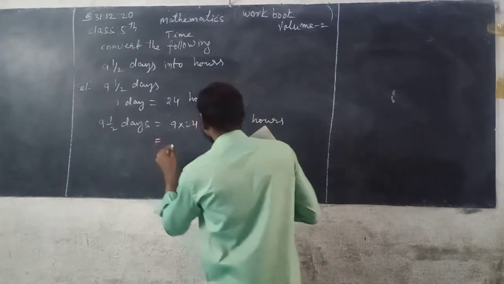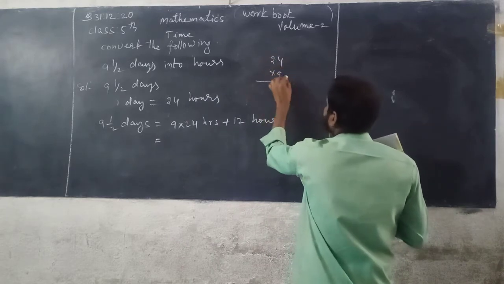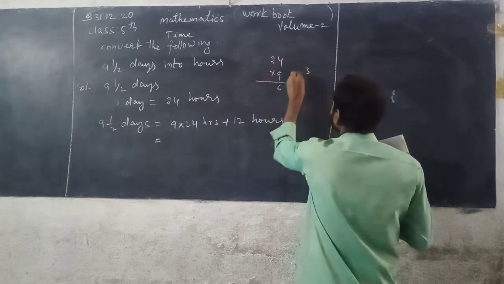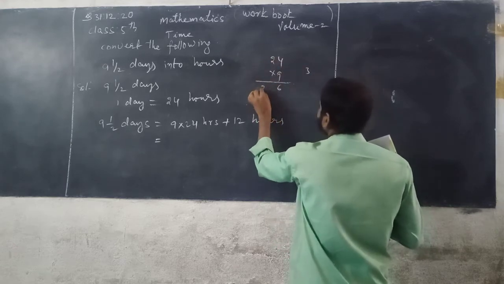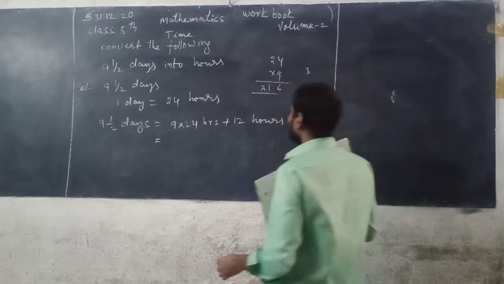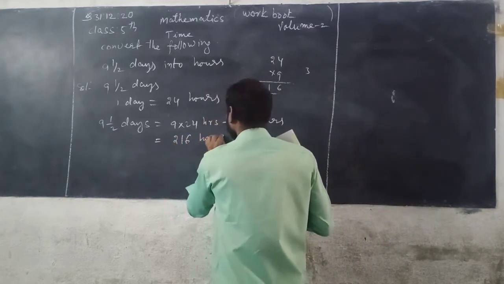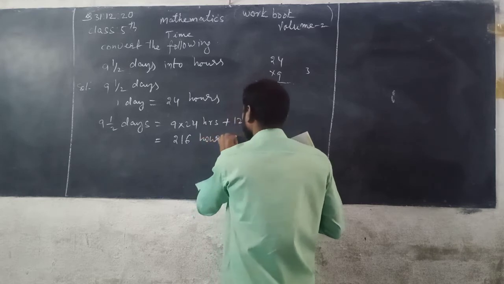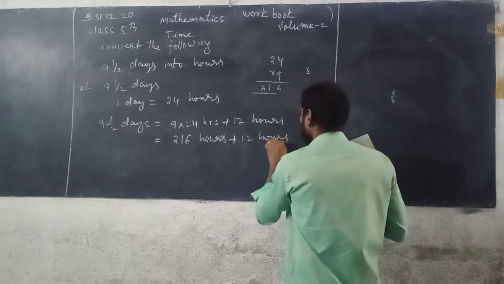24 into 9: 9 fours are 36, 6 taking carry 3, 9 twos are 18, 18 plus 3 is 21. So 216 hours plus 12 hours.